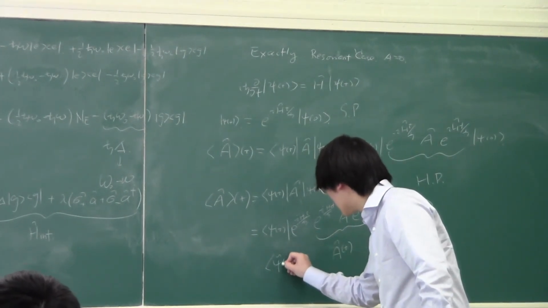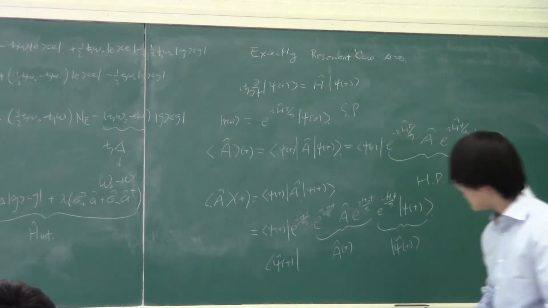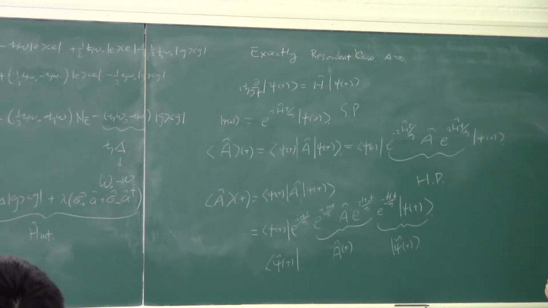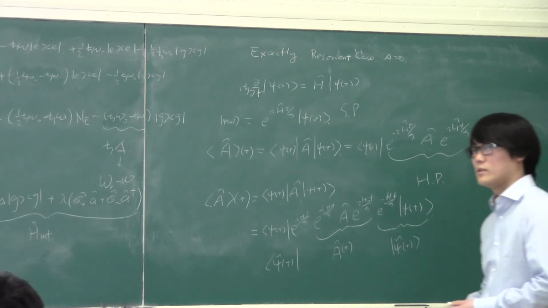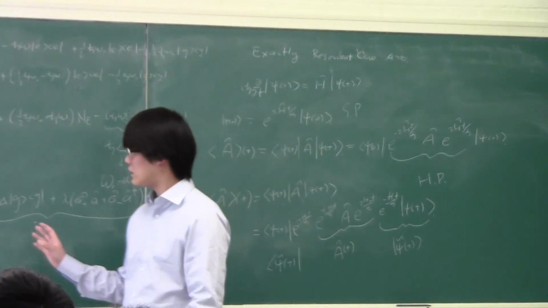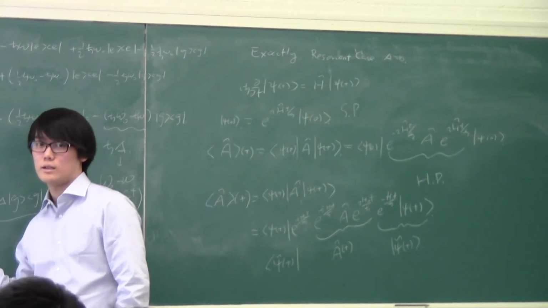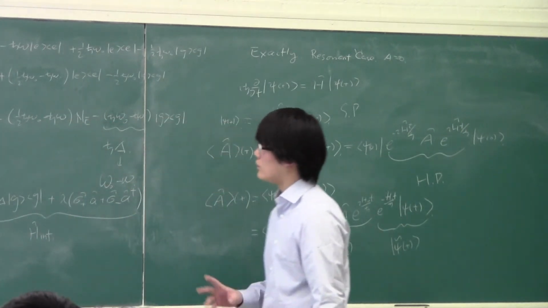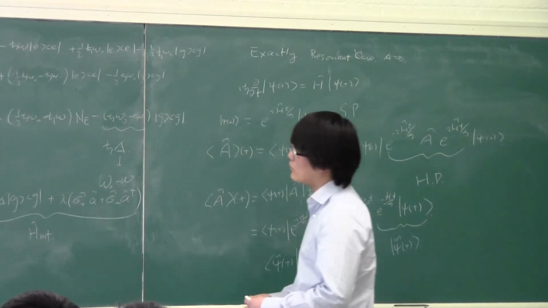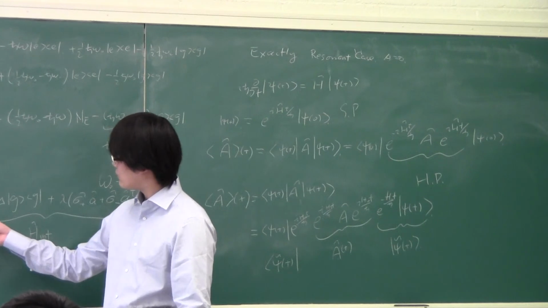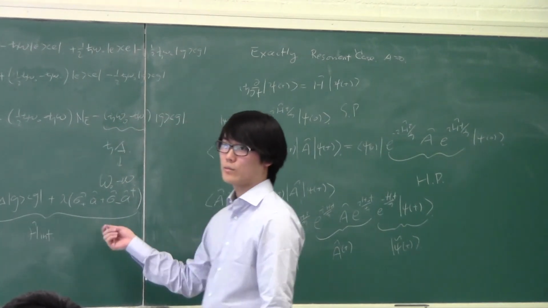So where? Oh yeah, I have H0. So to do this, you need to extract out this bit. It's only good when you have this distinction between a free Hamiltonian and the interacting part.